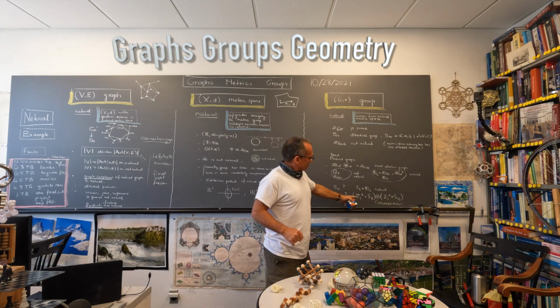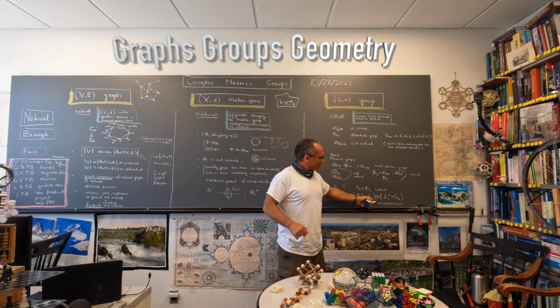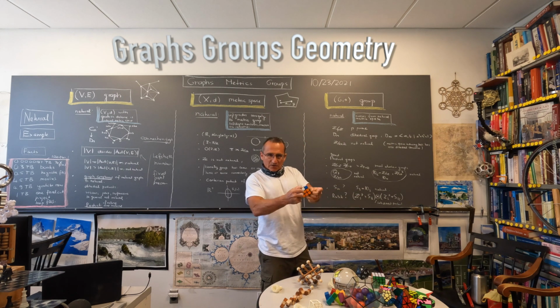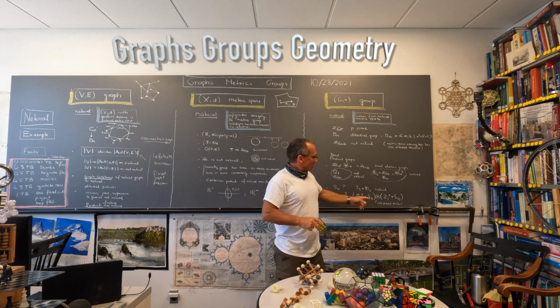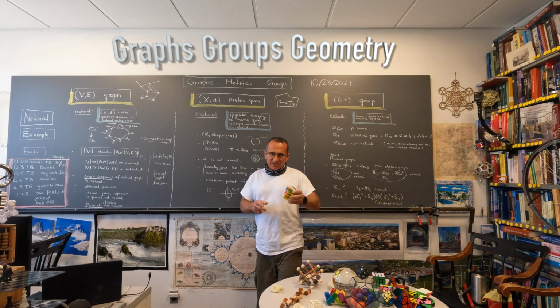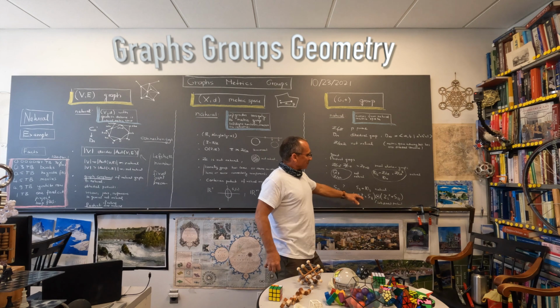So that's natural. This I don't know whether it's natural. This is the symmetric group with 8 elements. That's just the permutation group of the corners, and then these are the parities of the edges, and this is the permutation group of all the edges, and that's a subdirect product.